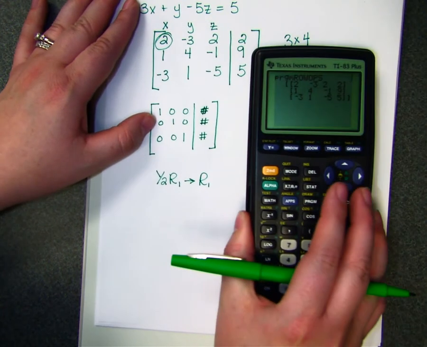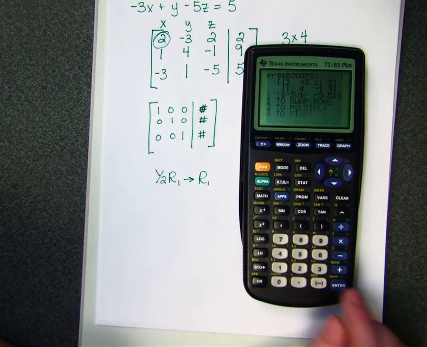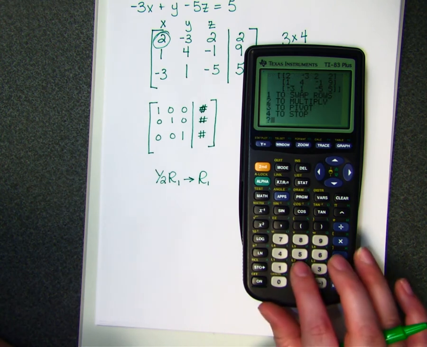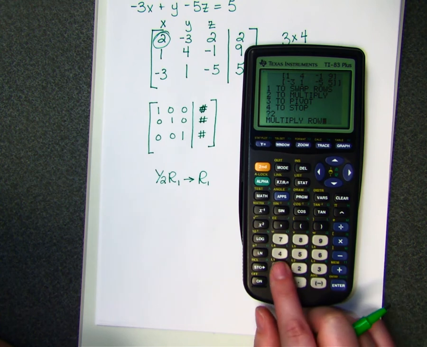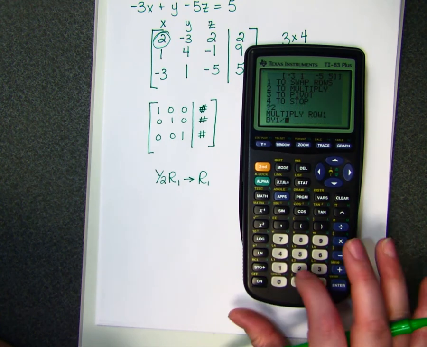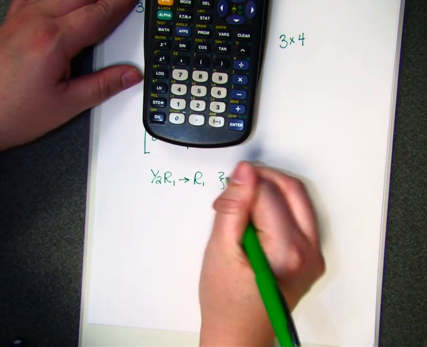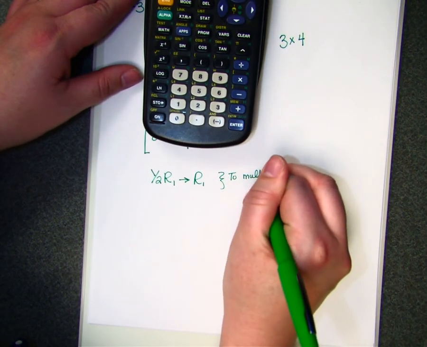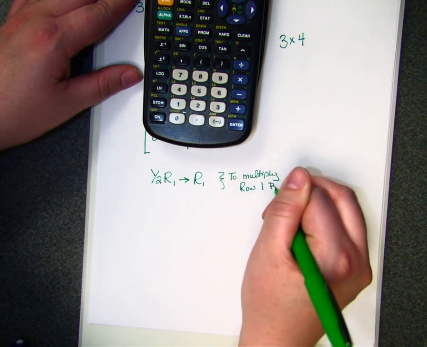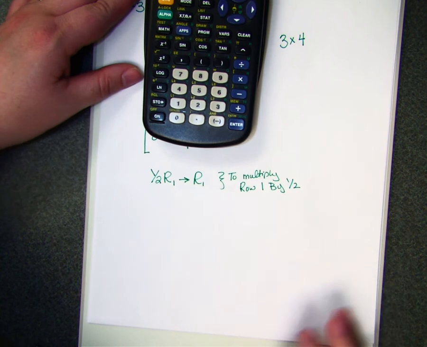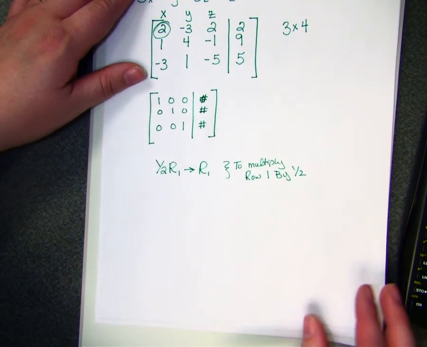So the first thing that we'll do is take 1/2, multiply it with row number 1 to create a new row 1. We can do all of these things in your calculator. You don't have to do any of these calculations by hand. Option number 2 there says to multiply. We'll be multiplying row 1 by 1/2, the reciprocal of 2, to get a 1.